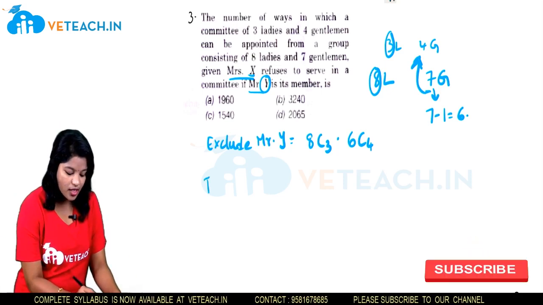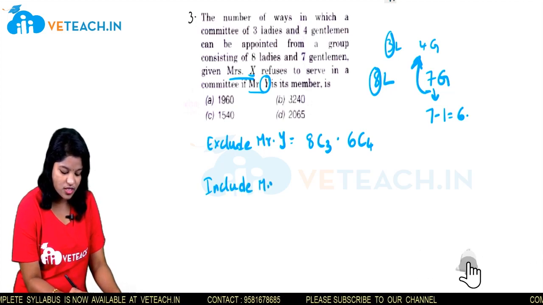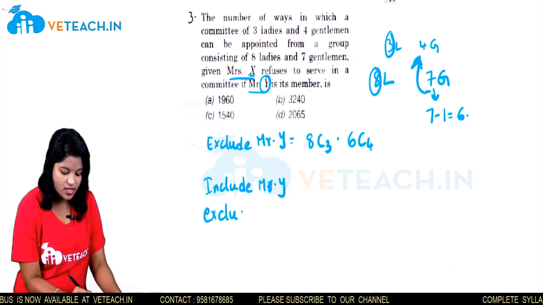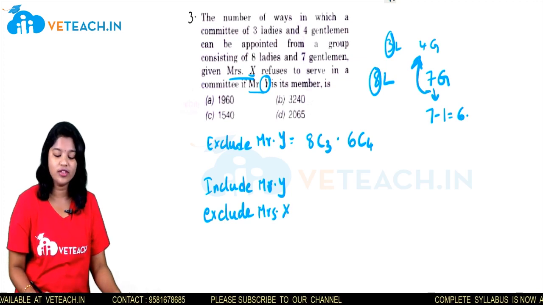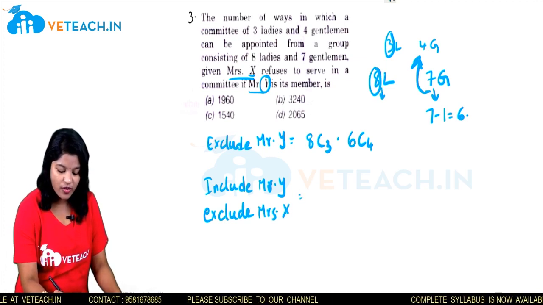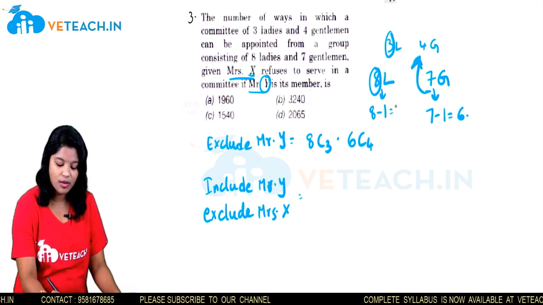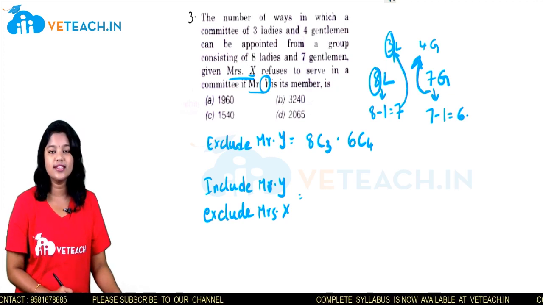Now I am including Mr. Y. Include Mr. Y, so what will happen? We should exclude Mrs. X because she is not willing to work with him. So as we excluded X, the total number of ladies will become 7. So out of these 7 ladies, we should select 3 ladies.